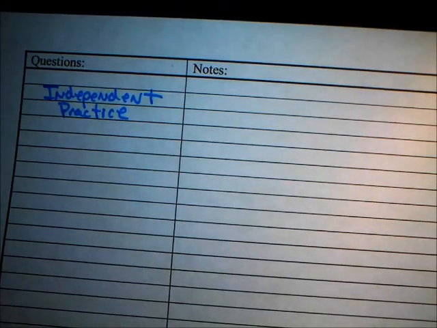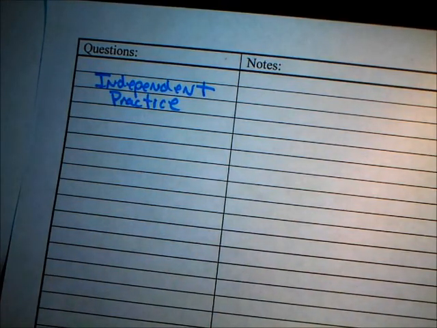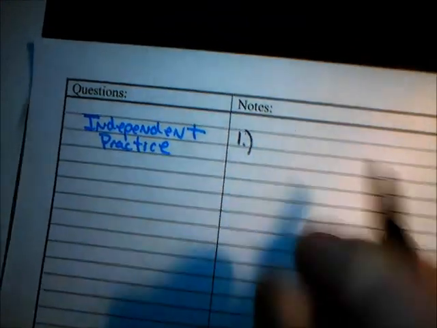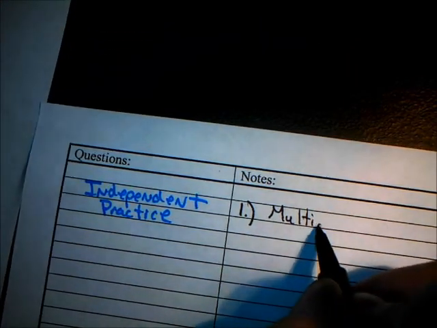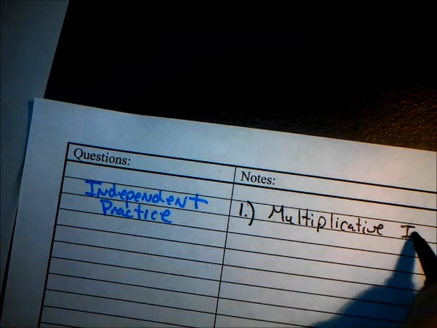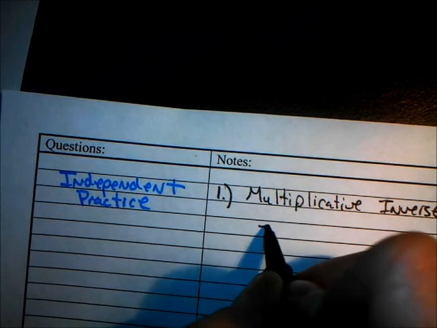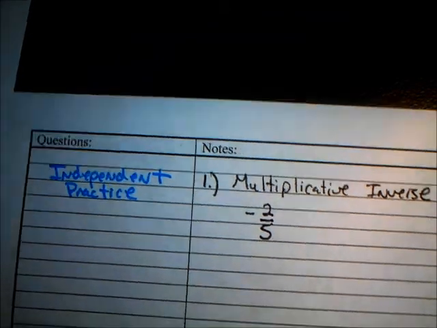Alright, on the back of your page we're going to do our independent practice. I'm going to write a couple problems down on this overhead I want you to work. So here we go. Number 1, I want you to find the multiplicative inverse of negative 2 over 5.